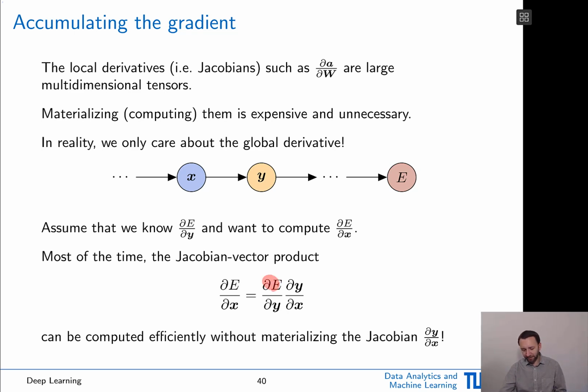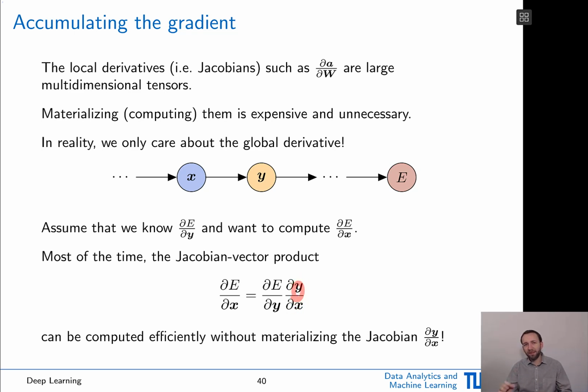We can write it as the derivative with respect to y and then y with respect to x, and then just multiply. We actually don't want to do this because this, or some of the other terms, can become very large, okay? So how can we avoid computing this? The whole point here is, if you look back at what we actually want to compute, we are not interested in this term here.